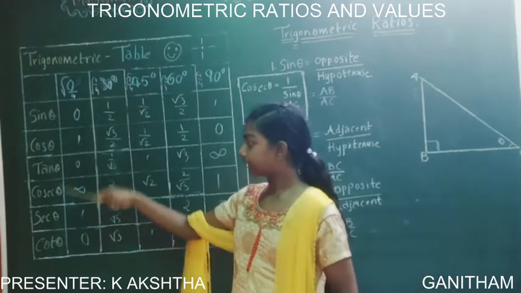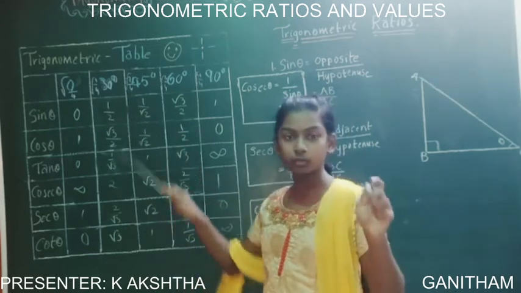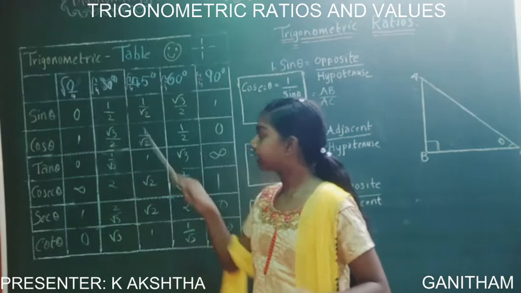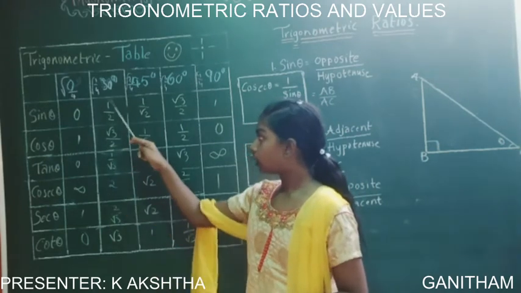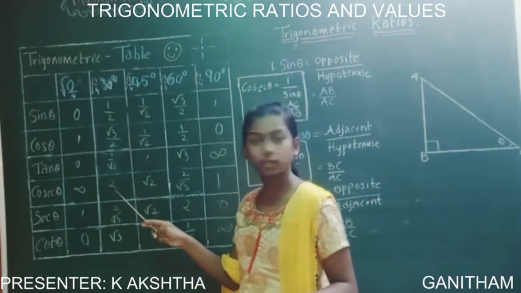And now sin theta's inverse we have to write. What we have to do is divide 1 by all these values. So what will we write here? 1 by 0, that is infinite. 1 by 1 by 2, turning it upwards, we get 2.